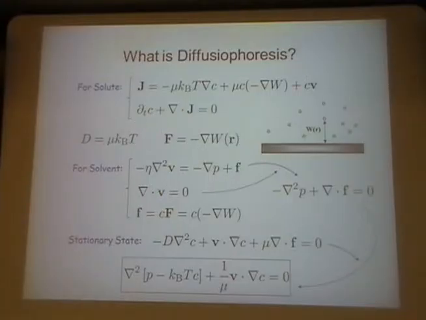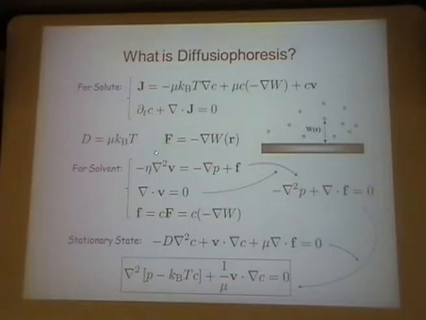So I have the concentration C, and I have the flux J. Flux J has a part which is basically the diffusive flux, so that's the diffusion coefficient, which is mobility times kBT, times the gradient of concentration, so that's just Fourier's law. And then I have this contribution from the body force. If I have a solute molecule at that point, that solute molecule will experience a force which is basically the gradient of the potential it experiences when it interacts with the wall.